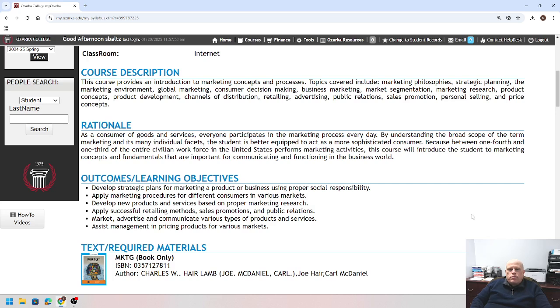When we talk about marketing, a good way of briefly understanding its four components is the 4 P's of marketing, which are product, price, place, and promotion.